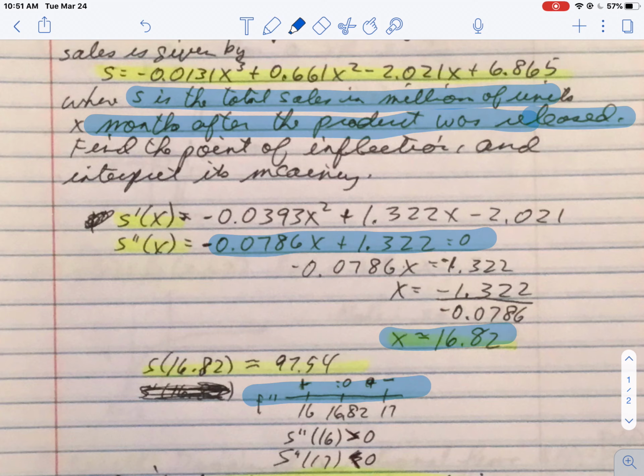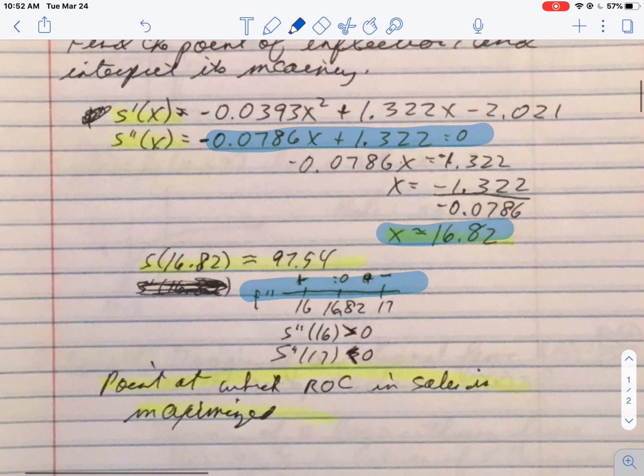So what does that tell us in the context of what that second derivative gives us? Well, the first derivative is the rate of change in sales, the second derivative, the rate of change of the rate of change, right? You could also put this simply: S, our function, tells us the amount of sales, and then our derivative tells us the rate of change in that.